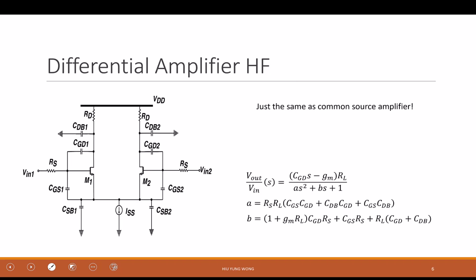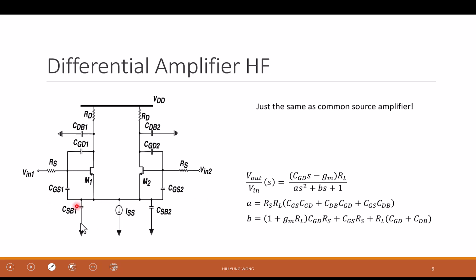Now, if no, then we look at the differential amplifier high frequency response. Oh, now it will be very interesting, right? How many transistors do we have? Oh, only two actually, but we can have this have two also, right? And then we have 4 capacitors and 2 resistors. It's almost impossible if you try to solve KCL and KVL, right? But the good thing is what?